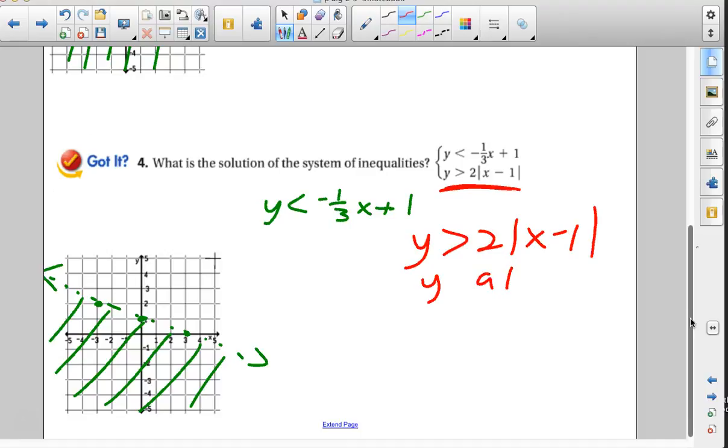Careful. Where's the new vertex? 1 to the right. Yeah, whenever it's connected to the x, that's our right or left, and it's always the opposite. So 1 to the right. New slope. What's the new slope?